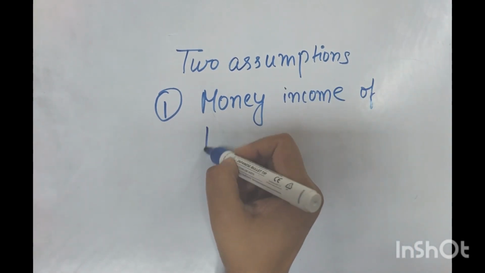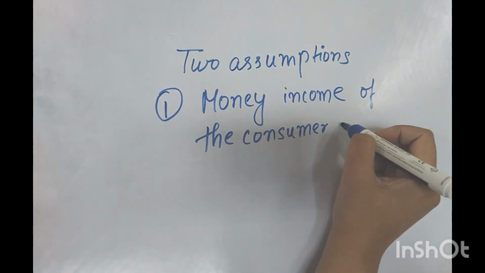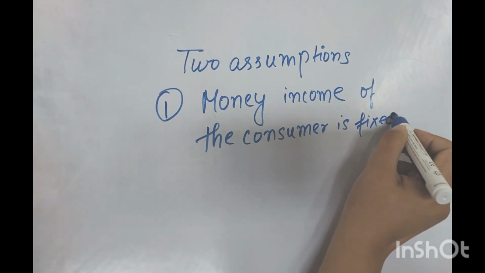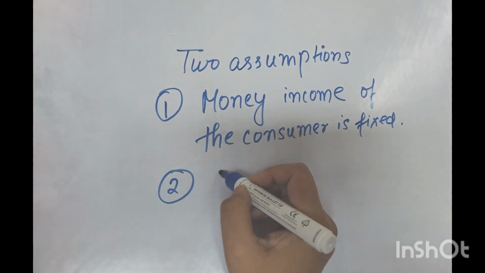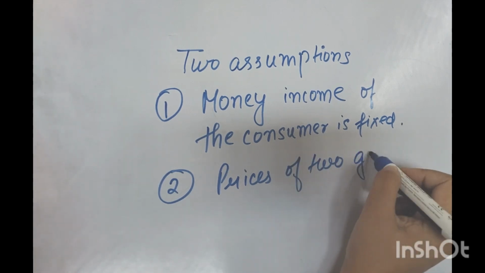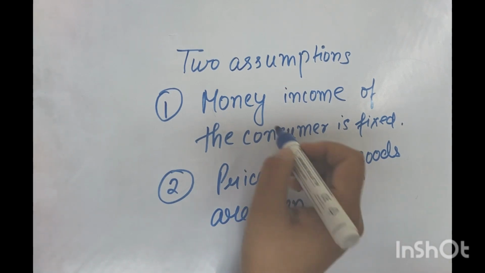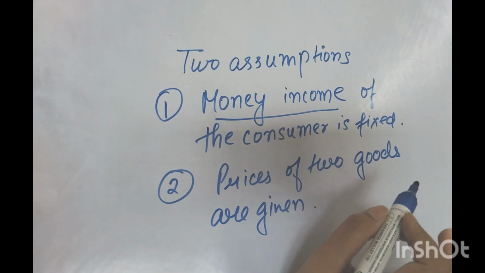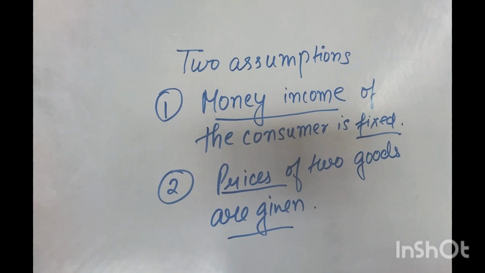Next, the prices of the two goods are given. When money income is fixed and the prices of the two goods are given, then only we can draw the budget line.